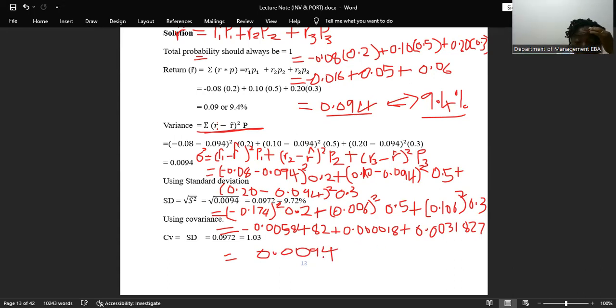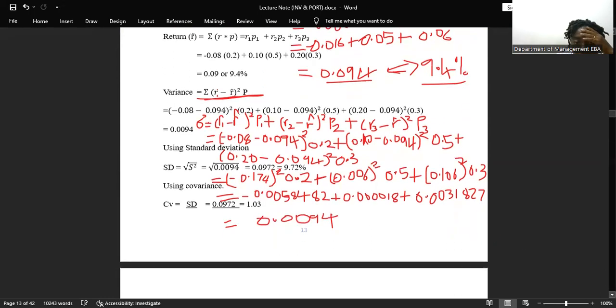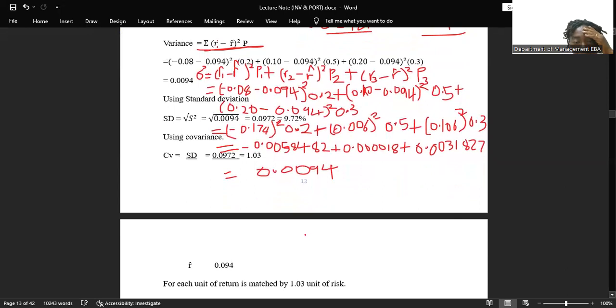So now we want to calculate the standard deviation based on this information. So standard deviation, I said, is what? Standard deviation is equal to the root of variance. So that will be the root of 0.0094.